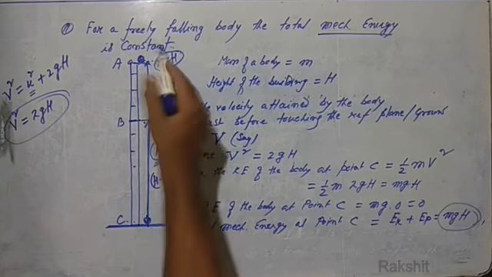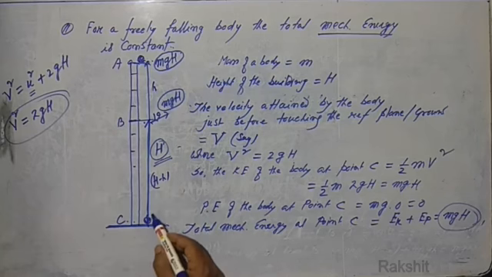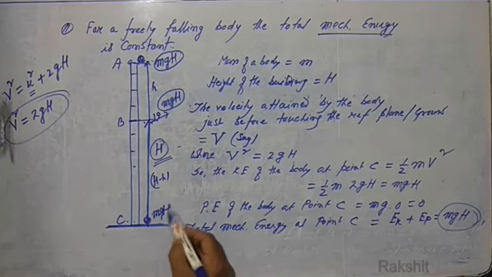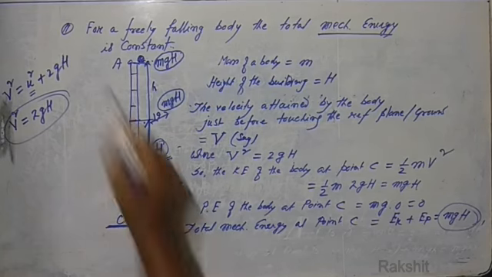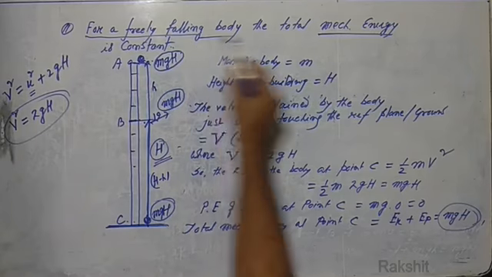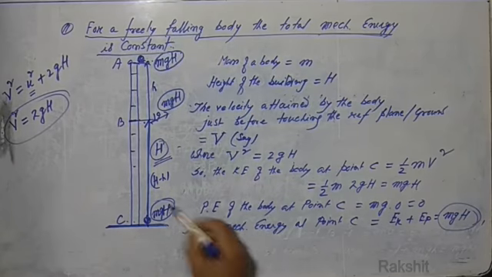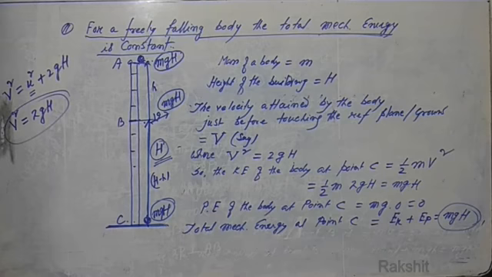So the total mechanical energy at this point is equal to mgH. Now we can say for a freely falling body, the total mechanical energy is constant, and that is equal to mgH. So we conclude for a freely falling body, the total mechanical energy, that is the sum total of kinetic energy and potential energy, is constant.